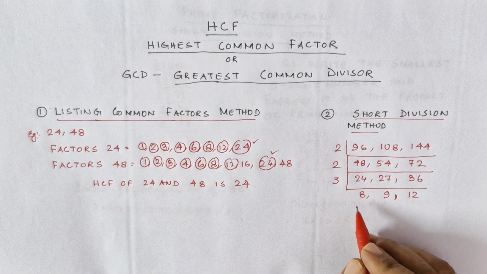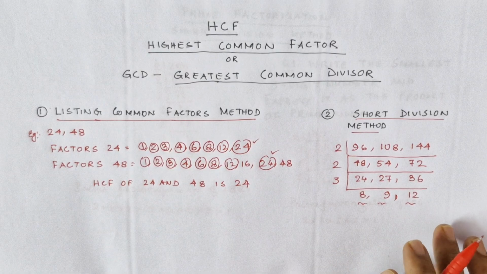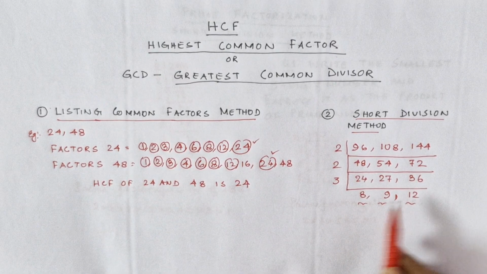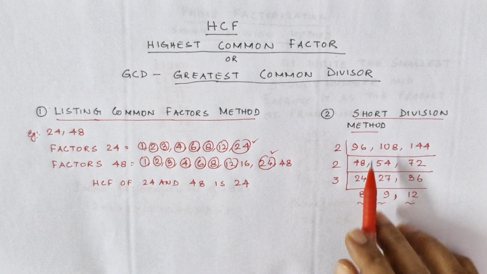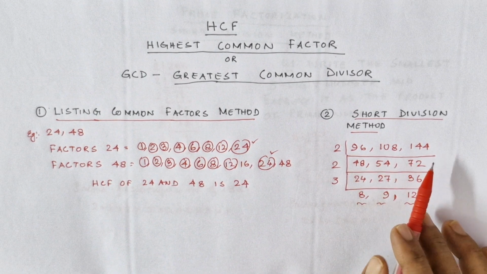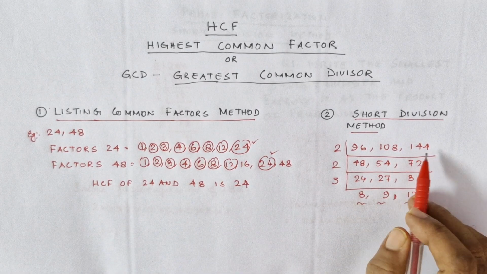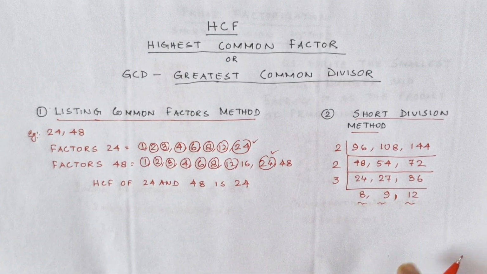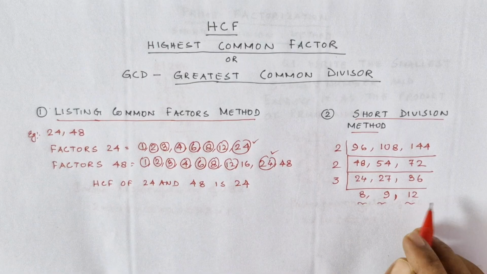Now we'll stop here. Why? Because among these three there are no more common factors. There has to be a common factor between these three, not 2, not 1, not 3, not 4. The common factors depend on the number of numbers. There are 3 numbers, so there has to be a common factor between all these 3 numbers. Got it? Not between any two, that will not do.